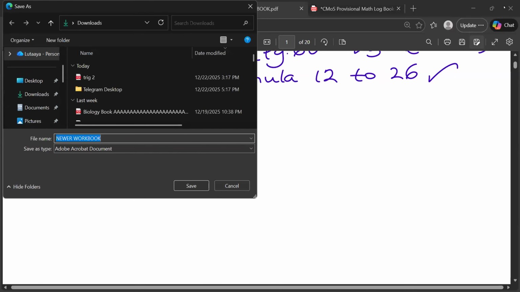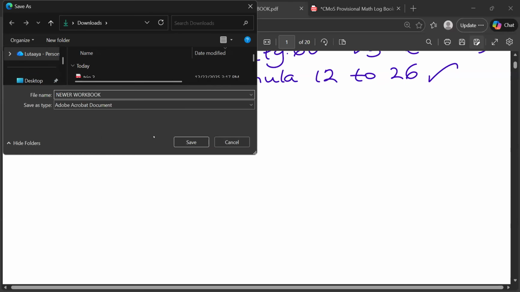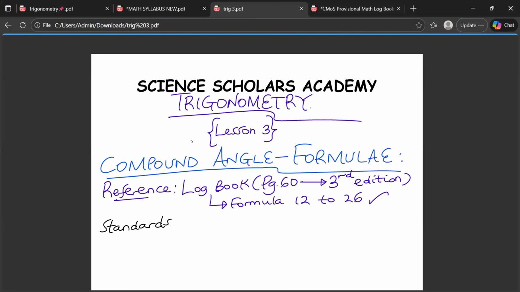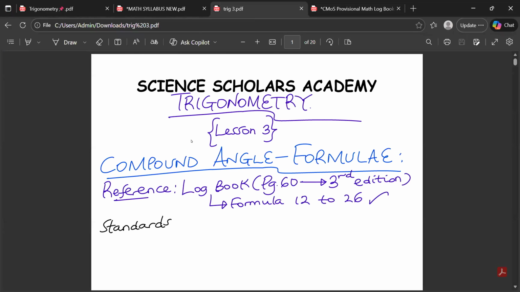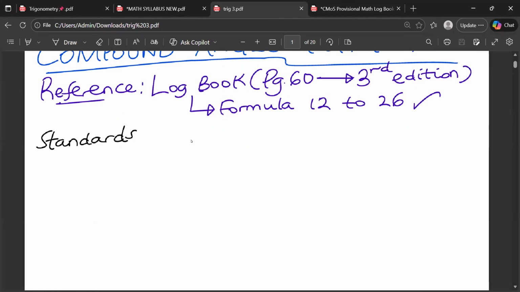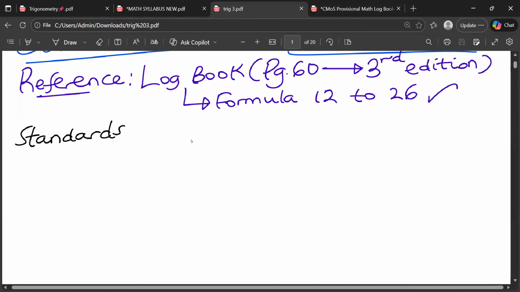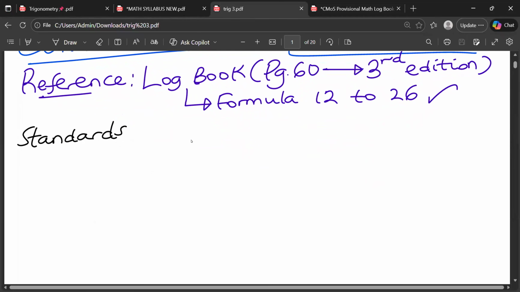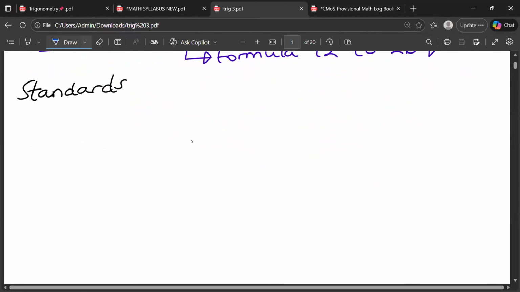Let me first secure our document. So this is trig 3. So we are going to begin with the standards, the ones that give us the others.